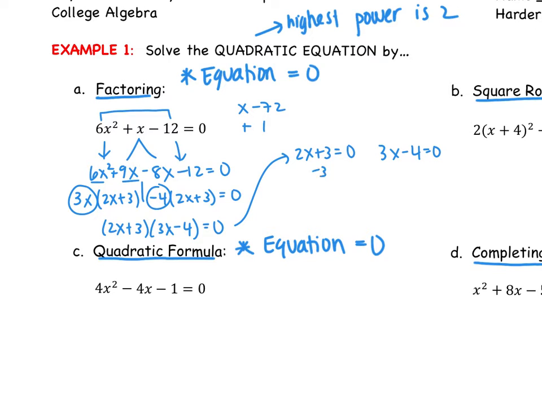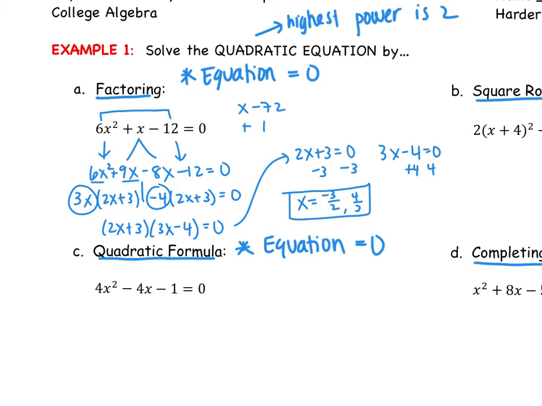If I subtract 3 and divide by 2, I get x equals negative 3 over 2. And then if I add 4 and divide by 3, I get 4/3. Those are my 2 answers.